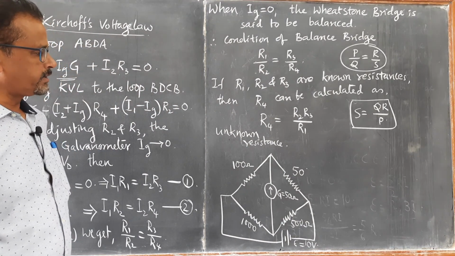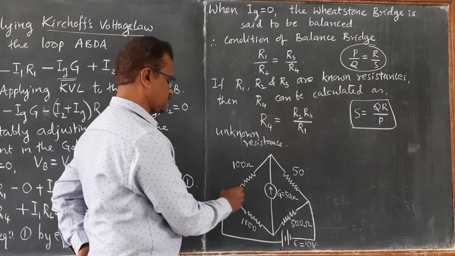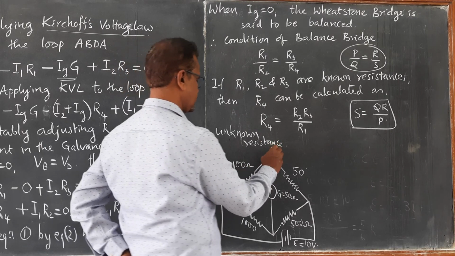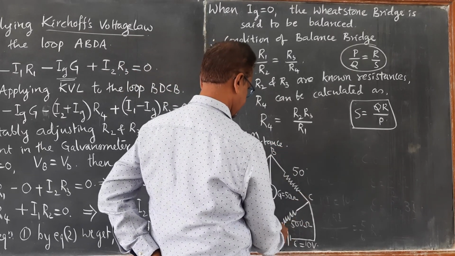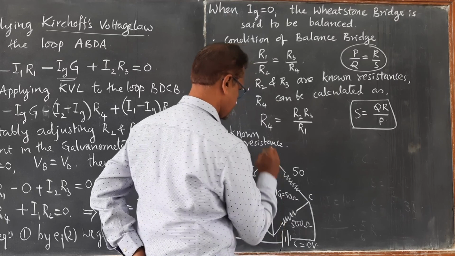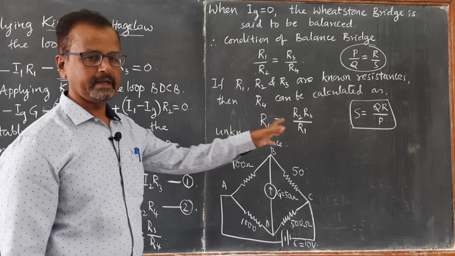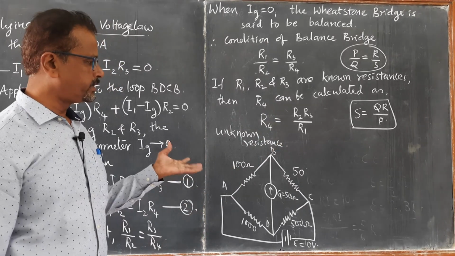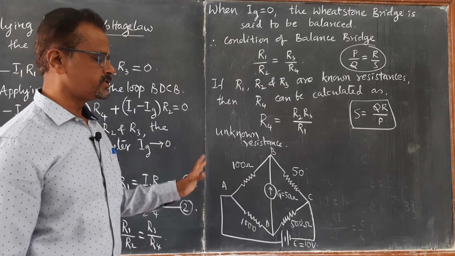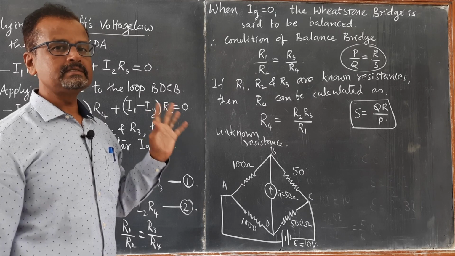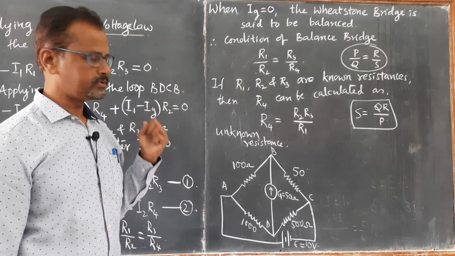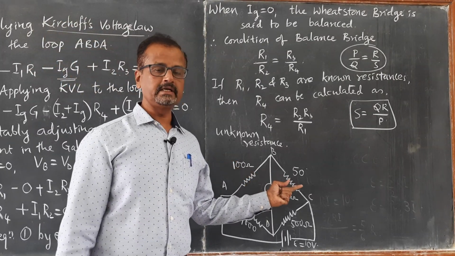You may be asked to calculate what is the equivalent resistance of this network ABCD. Now, before we go for actually solving and applying Kirchhoff's laws, what we need to do is check whether this bridge is obeying the balancing condition or not. First of all, we have to check the balancing condition of the bridge.